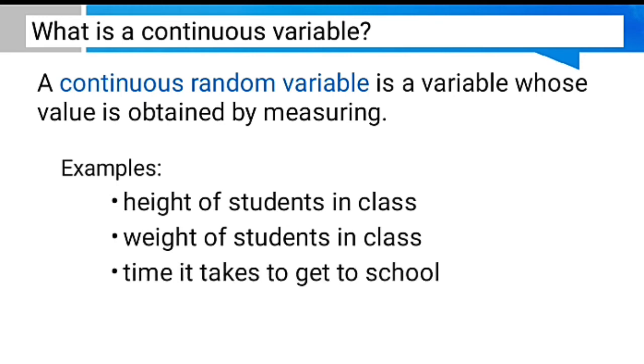Another one is the time it takes to get to school. Okay, if we count it by hours, for example 4 hours, then there are times that the time would lapse, it could be 4.5, 4.2, the time it takes to get to school.